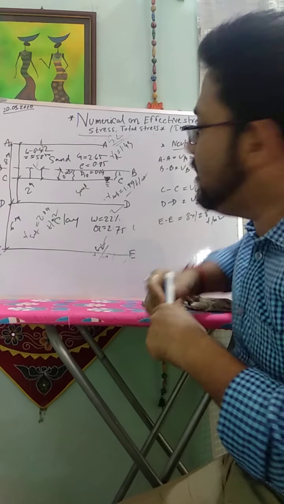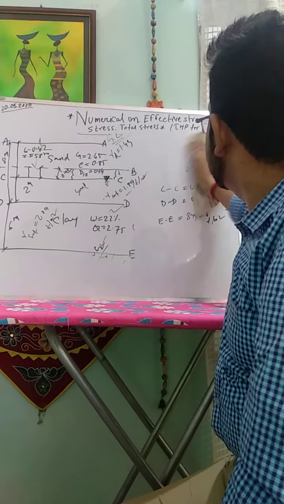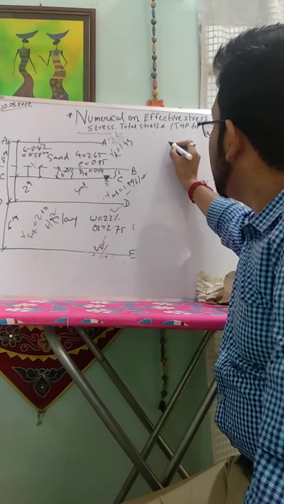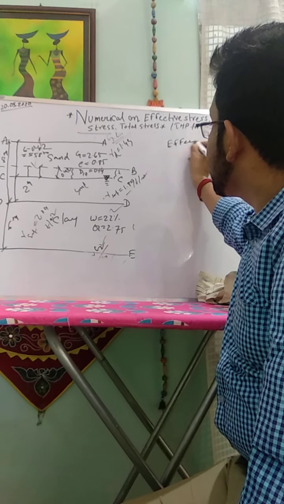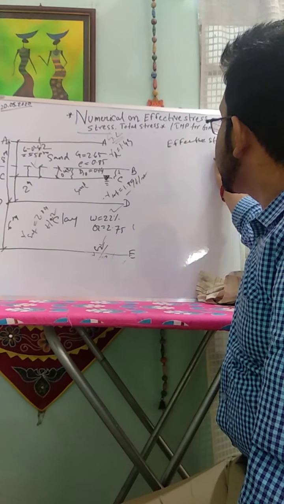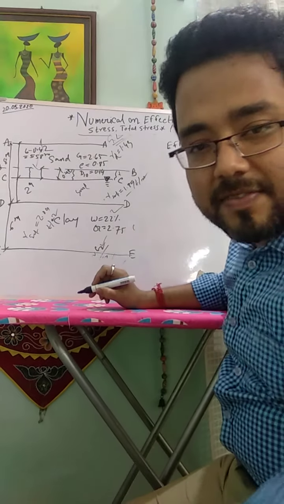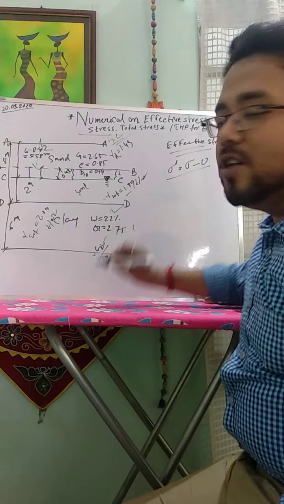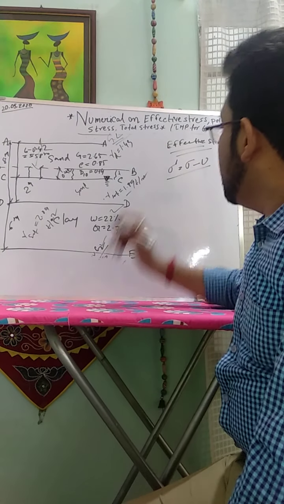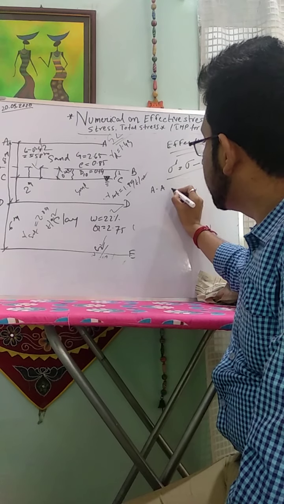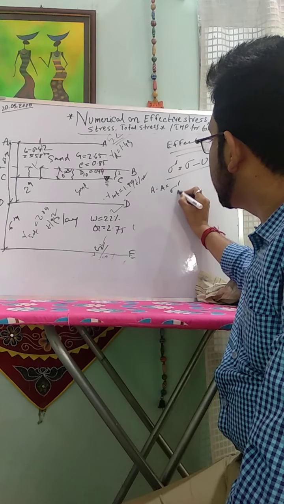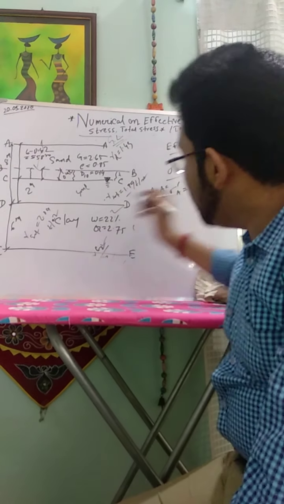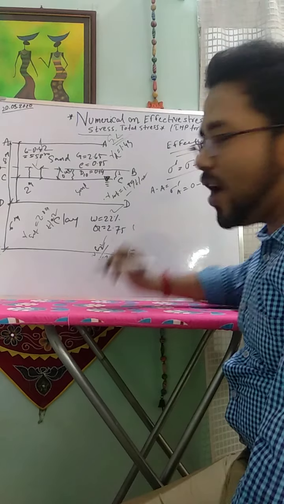Now our third part is to determine the effective stress. We know effective stress equals total stress minus pore water stress. Now at A plane, total stress 0 and neutral stress 0, so 0 minus 0 equals 0.